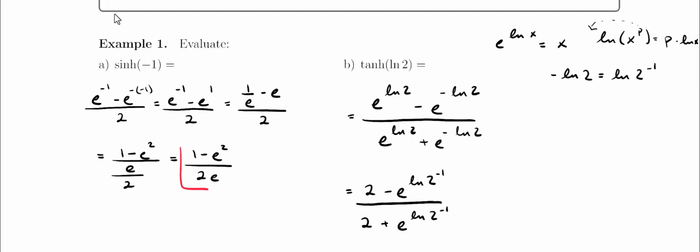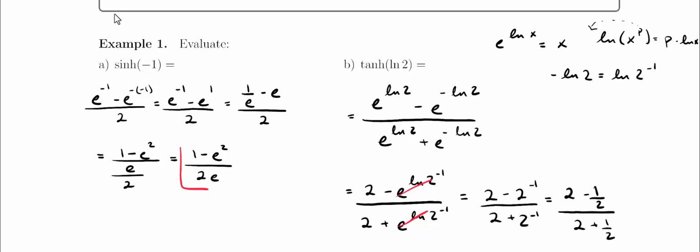Simplifying this further, we obtain 2 minus 2 to the negative 1 all over 2 plus 2 to the negative 1. Now we're dealing with a reciprocal, so we're going to have 2 minus 1/2 all over 2 plus 1/2.